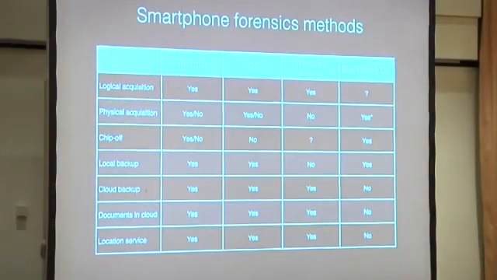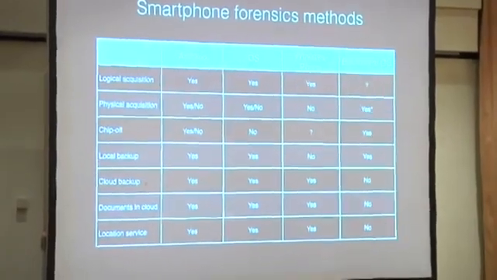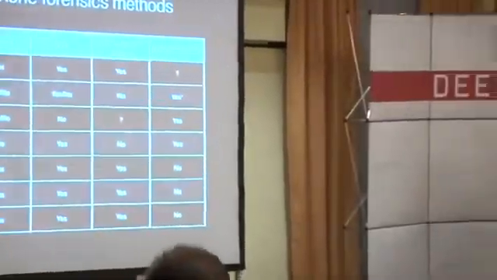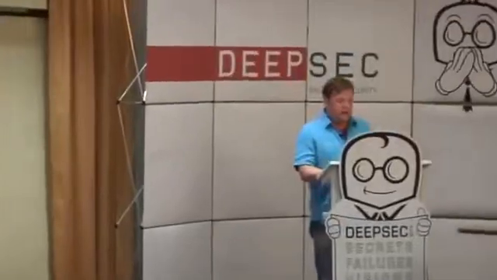There is chip-off, the most advanced method, which is destructive. You need to extract the memory chip out of the device and read it using special hardware. And in many cases, you also need to decrypt this data, and it is not always possible.